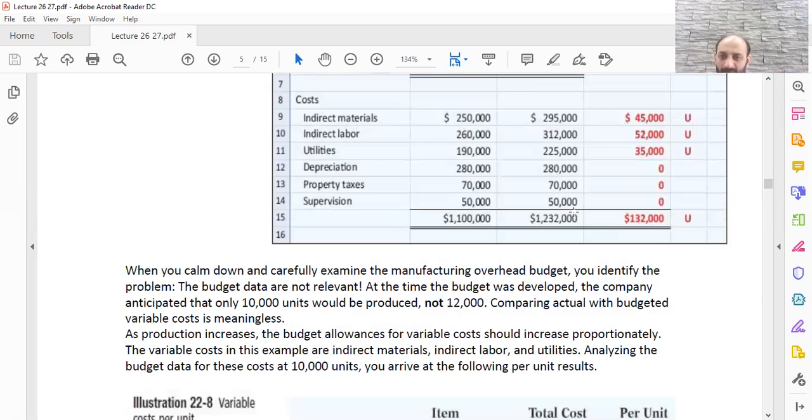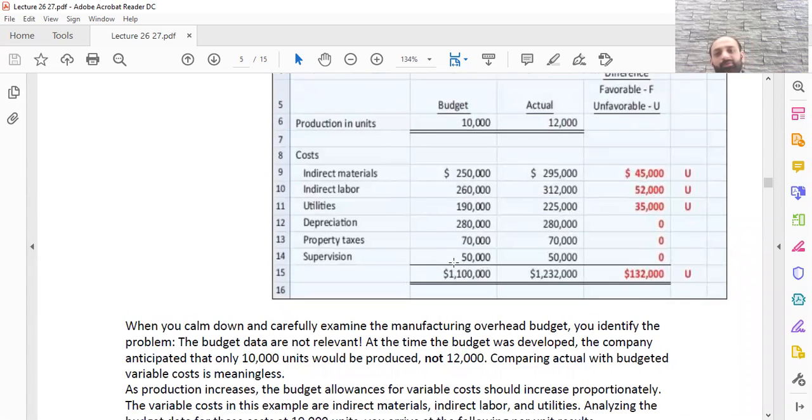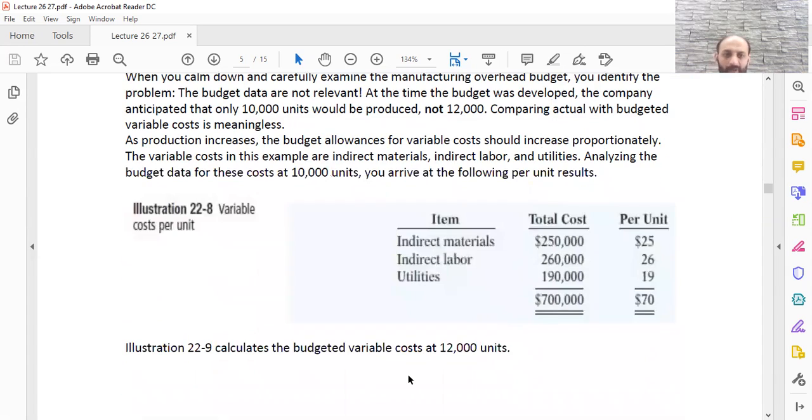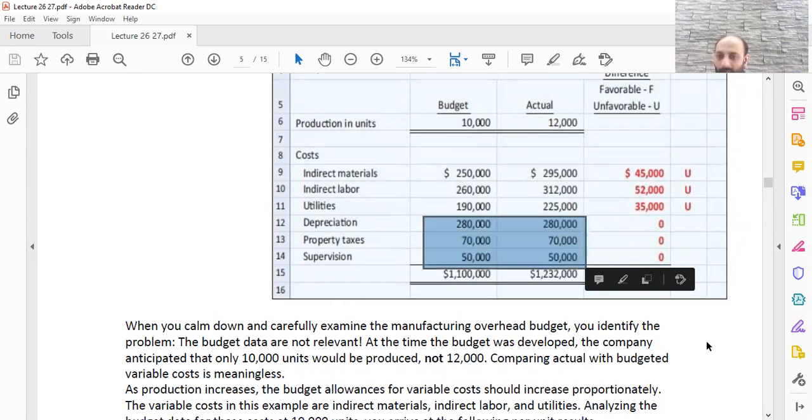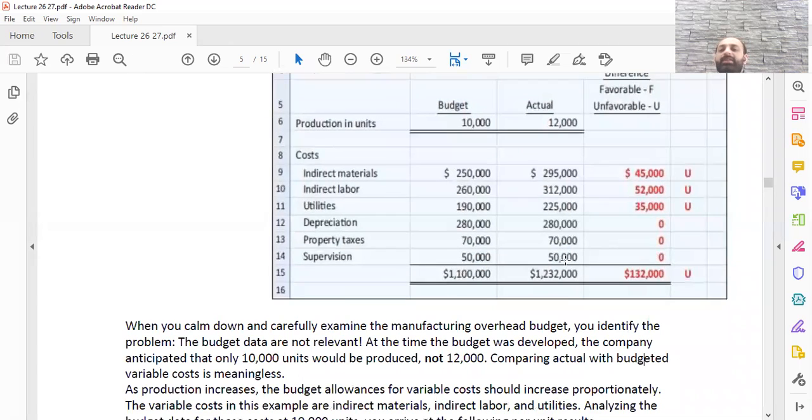So now what do you have to do? You have to see what the budget would be for 12,000 units. For this you compare the variable cost per unit. Why? Because depreciation, property taxes and supervision are the fixed part of your manufacturing overhead, which does not change with the level of output.